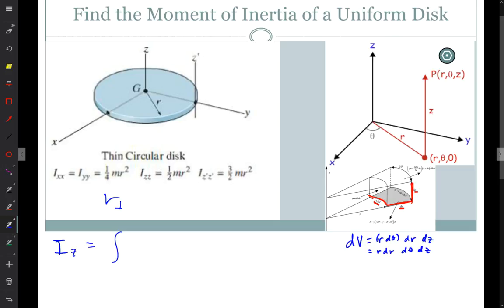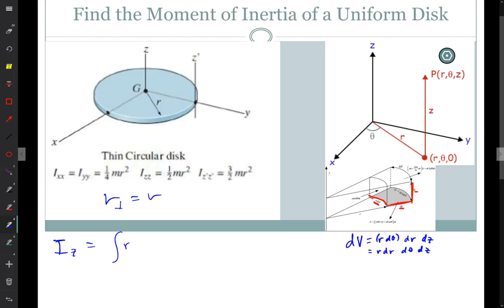In terms of my three variables, theta is an angle that's going perpendicular to the z-axis. r is also perpendicular to the z-axis. And z is, of course, parallel to the z-axis, surprisingly enough. How do I get my r perpendicular? The perpendicular distance from the z-axis to where my mass is. It's just r, because that r is already perpendicular to the z-axis. So in this case, r perpendicular is just equal to r.